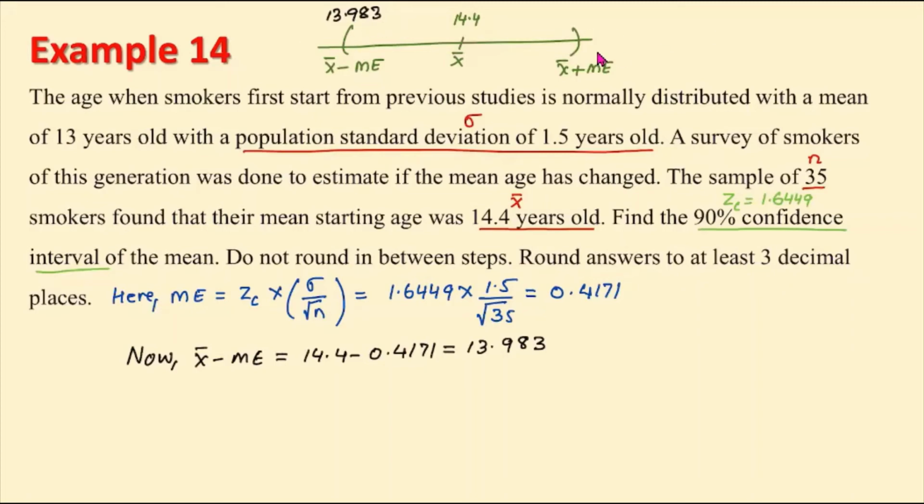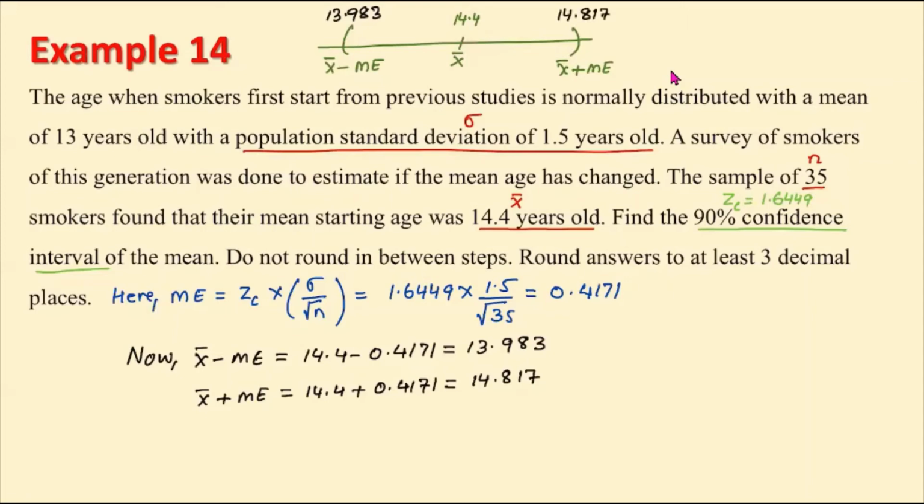Now we find the upper boundary, which is the mean plus the margin of error: 14.4 plus 0.4171, which is equal to 14.817.